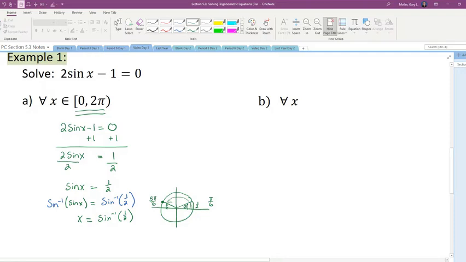So, solving the equation for all the x's between 0 and 2 pi, the only places would be x equals pi/6, or x equals 5 pi/6.